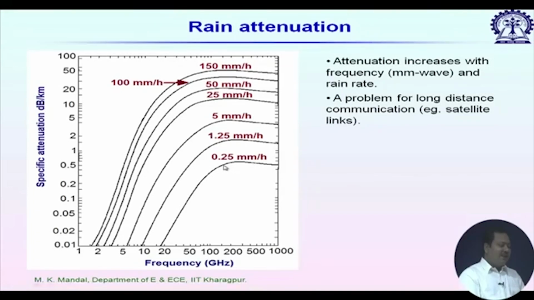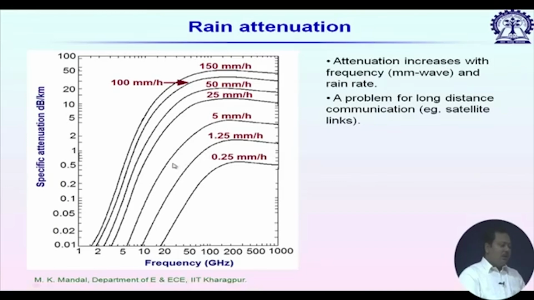But for moderate rain, for example 5 to 25 millimeter per hour, it increases to 10 dB per kilometer, and for a cloud burst, typically 150 millimeter to 250 millimeter per hour, this attenuation can increase to as high as 100 dB per kilometer.